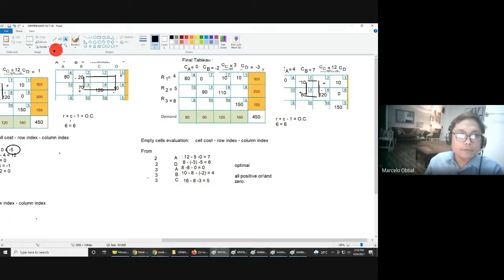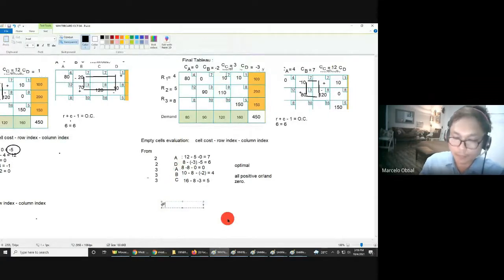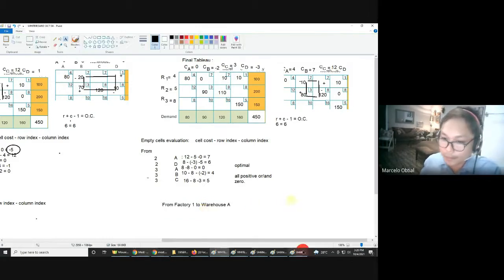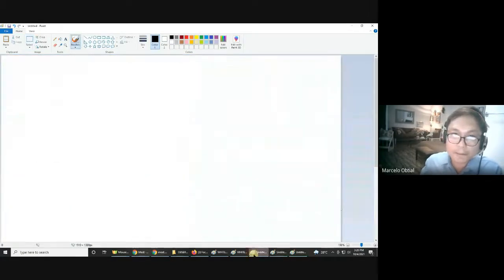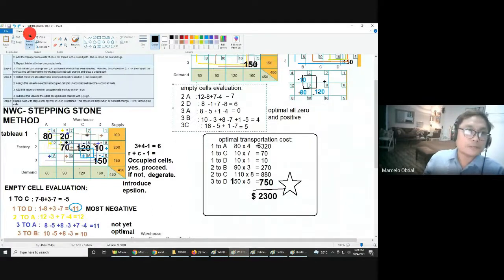Okay, so from factory 1, okay, you will transfer, okay, 80 units, okay, to warehouse A. May laman na ito, class, warehouse A. Okay? Para makasave tayo ng time, well, the answer is using the long method. So, ito dapat yung ating optimal transportation cost.